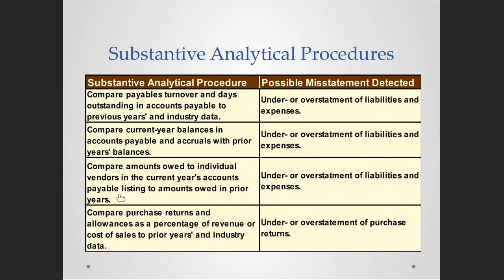And if this year the payable is 9,000 rials, not a big difference. But last year it was 10,000, this year it's 20,000. So now the question is, why is this? Is this correct? Is there a reason for this? Did they make too many purchases this year? Or is there an error? So we are after errors. So these investigations would raise question marks in our minds. Are you following?